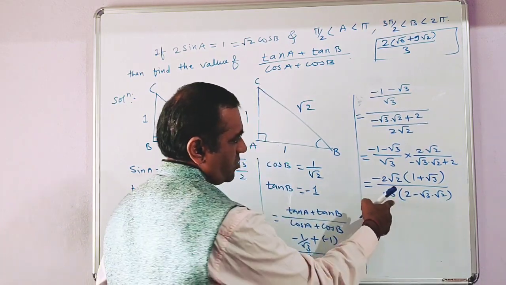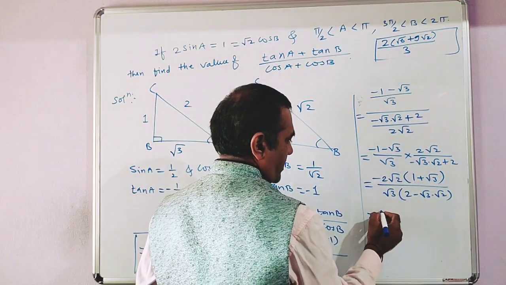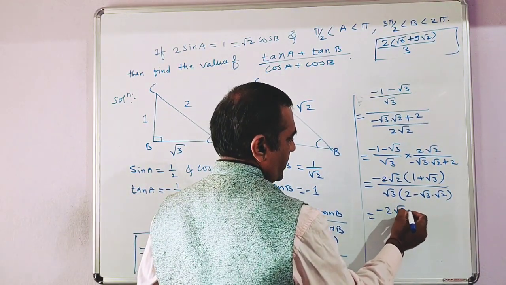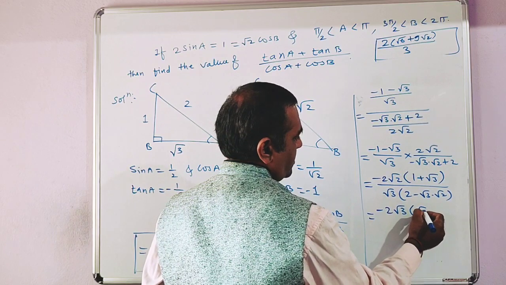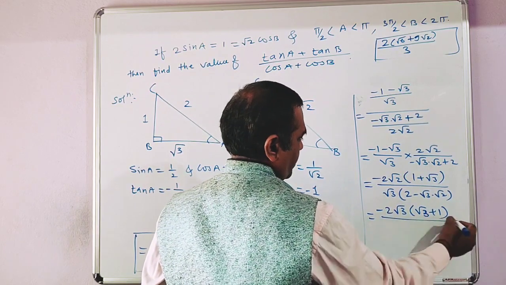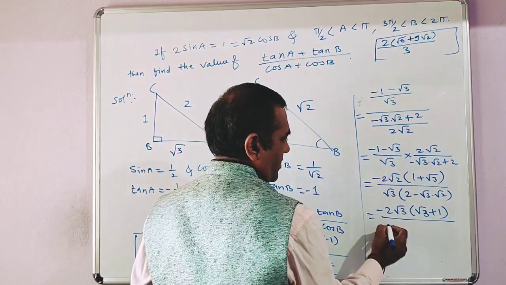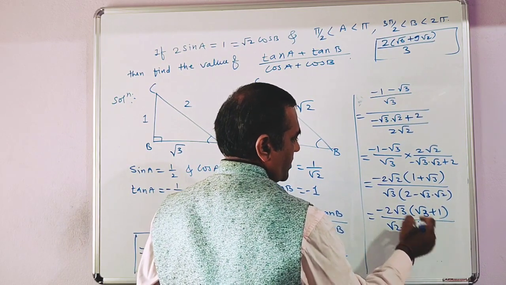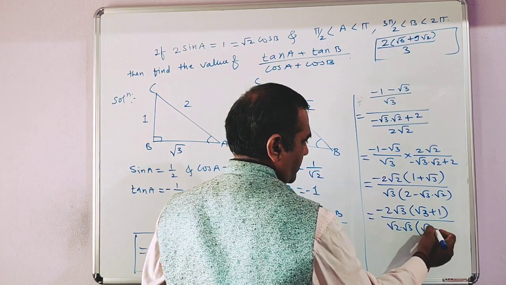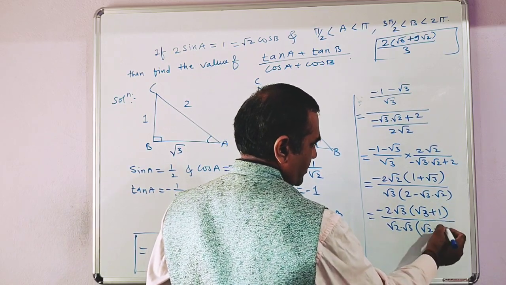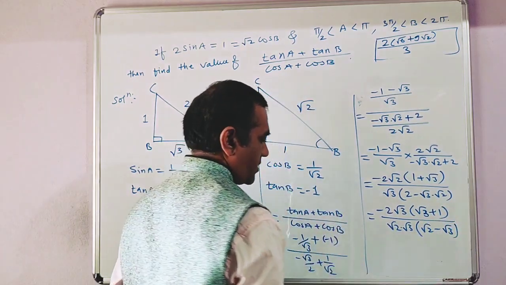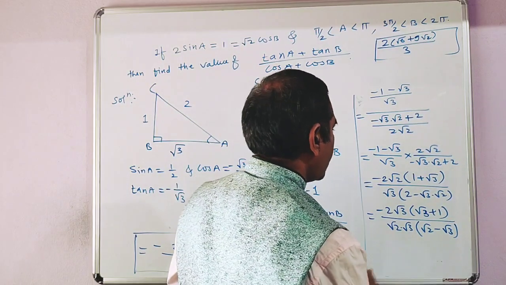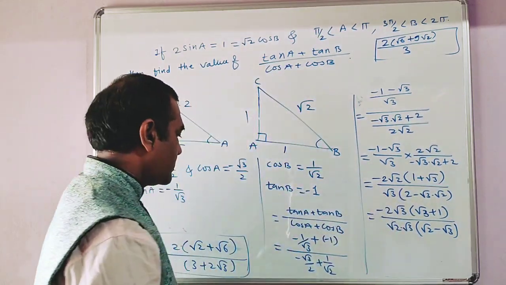Again we can have root 2 common here. See, minus 2 root 3 in bracket root 3 plus 1, upon, take out common root 2, root 2 minus root 3.